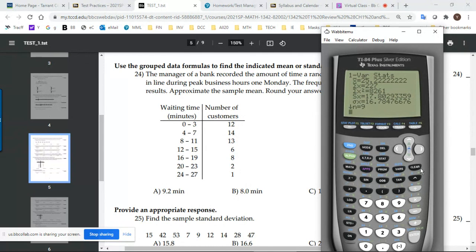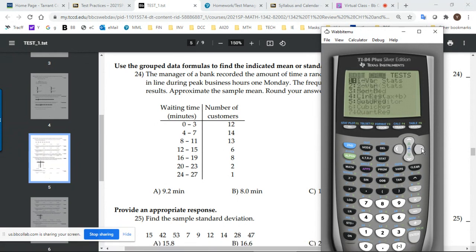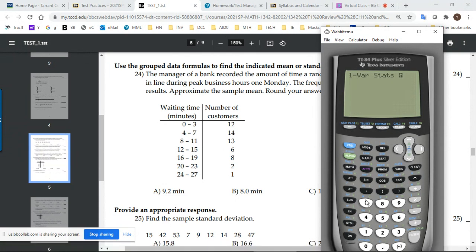All right. So in order to take the frequency into the calculation, you will need to go to stat calc, using one-variable stats right here. You will need to type L1, comma, second 2, which is L2. You will need to type this one. So that's the difference for 24, because we want to have a weighted mean.